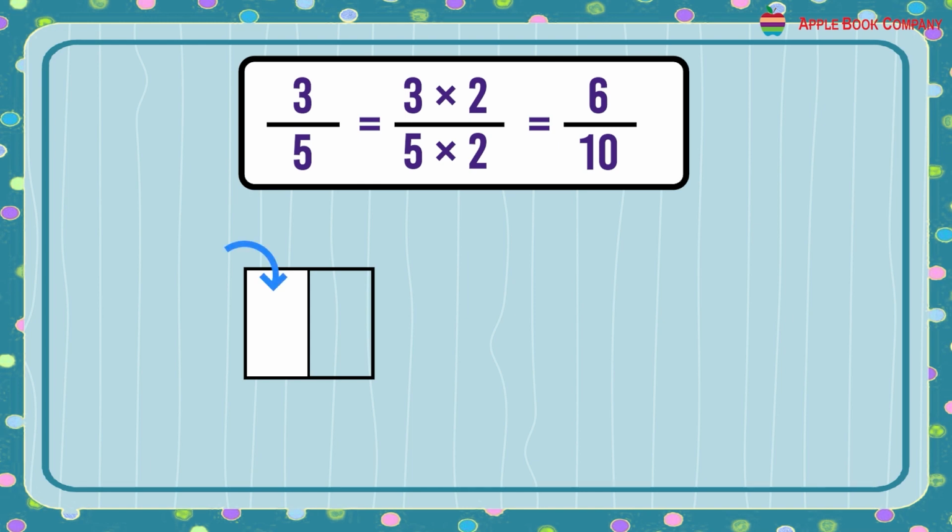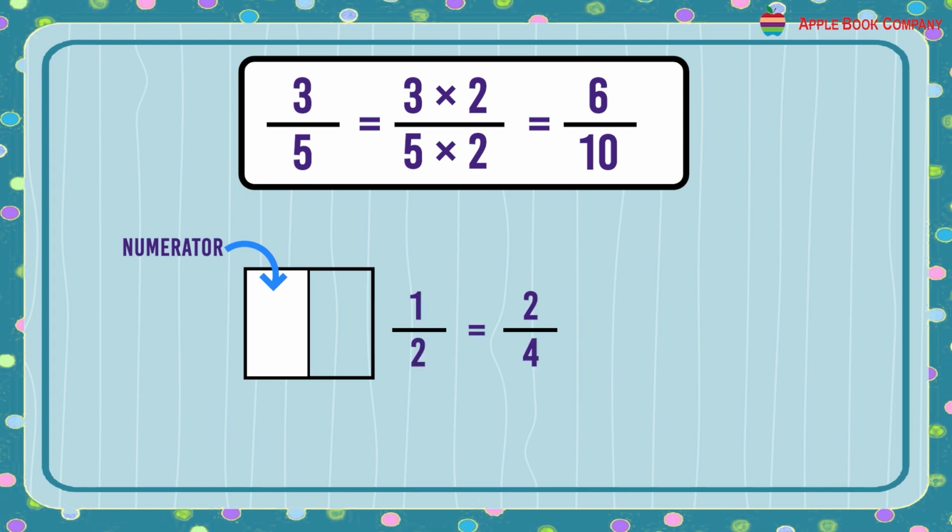The shaded part becomes the numerator, and the total number of parts is 2. 1 by 2. So to get an equivalent fraction, if we multiply the numerator and the denominator by the same number 2, the numerator becomes 1 multiplied by 2, that is 2, and the denominator 2 multiplied by 2 becomes 4. So 1 by 2 is equal to 2 by 4.